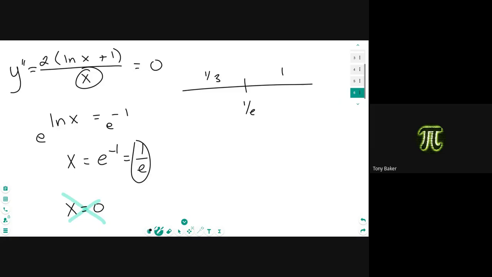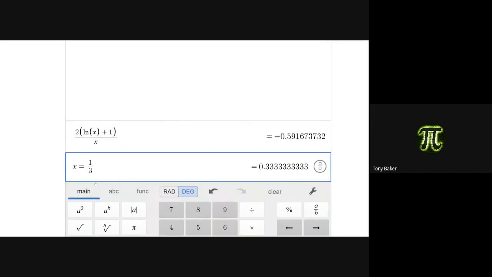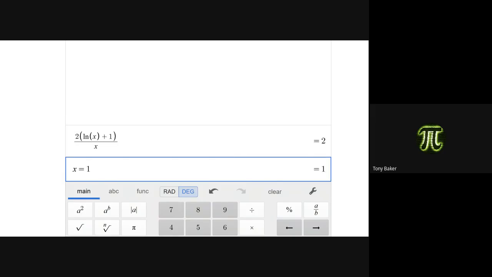Now, this one, honestly, I would just type it into Desmos and get the answer. I'm not doing this by hand. Not the graphing calculator, but the actual scientific calculator in Desmos to get your value. So I would literally do it like this. Type the equation in, plug in x equals 1/3, and I get a negative. And if I plug in 1, I get a positive.